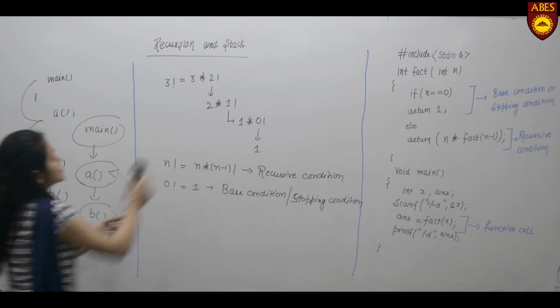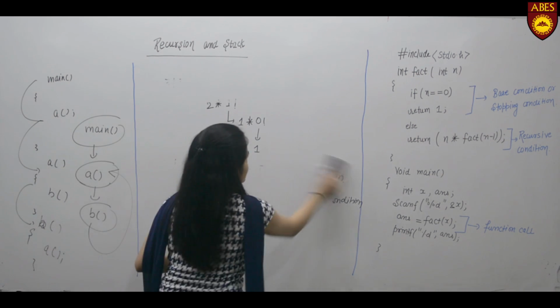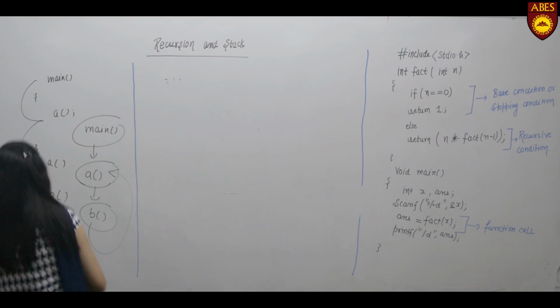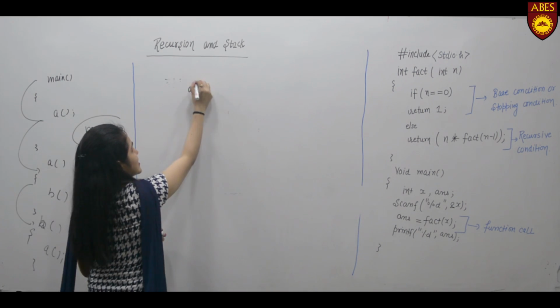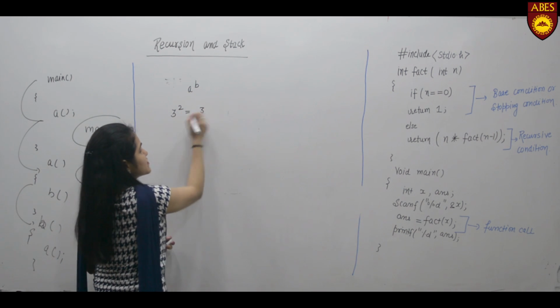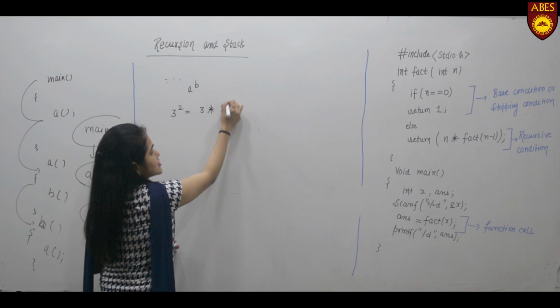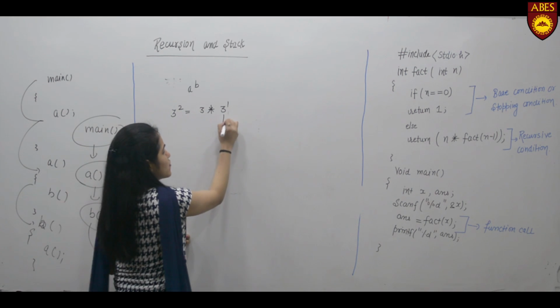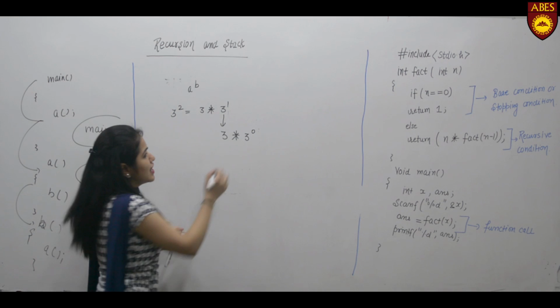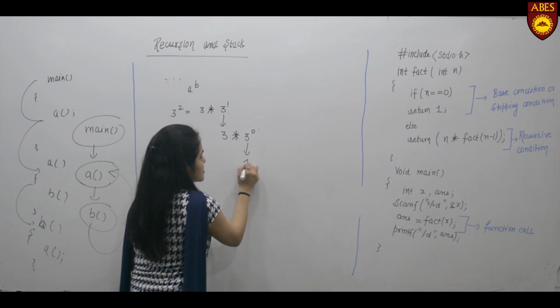One more example. Suppose we want to find the exponential of a number, a raised to power b. 3 raised to power 2 is equal to 3 into 3 raised to power 1. 3 raised to power 1 is equal to 3 into 3 raised to power 0, and 3 raised to power 0 is 1.